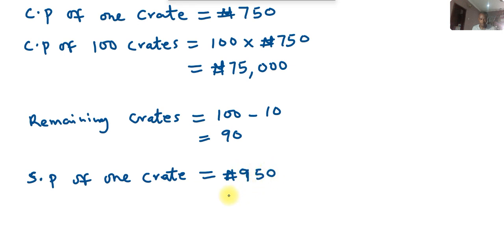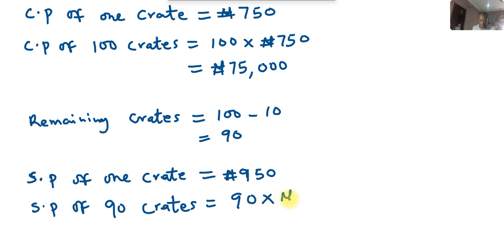Therefore, the selling price of 90 crates will be 90 multiplied by 950. So if you take that, you have 85,500 naira.